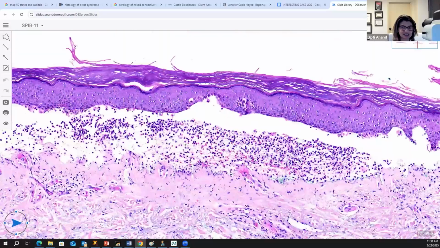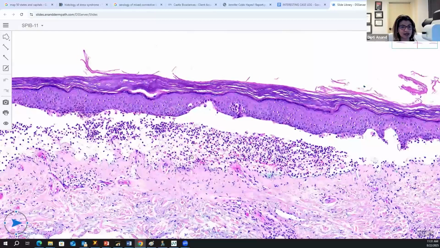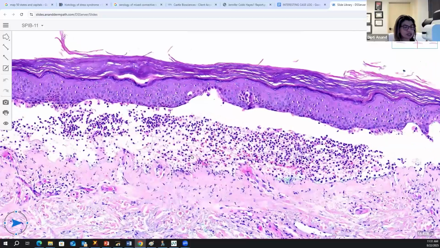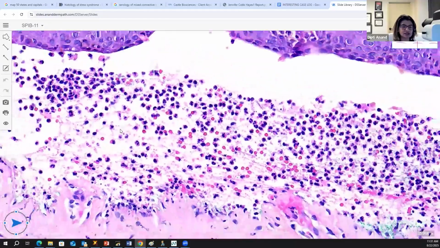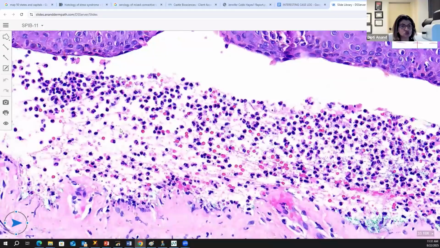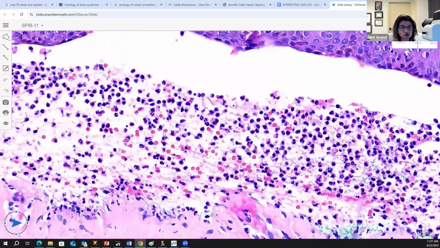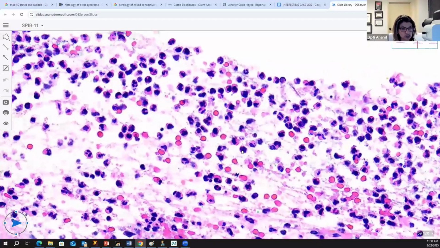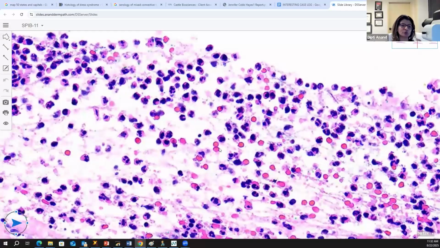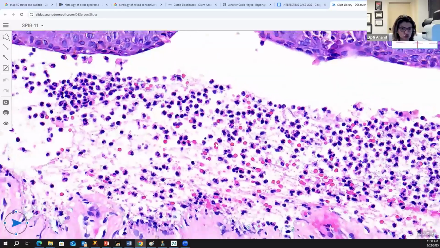Because if you just had this and I did not tell you anything else, I bet half of you would go in the BP direction. So be careful of the cells that you're looking at. It's not that linear IgA doesn't have eosinophils. It will have them, but the predominant cell type should be neutrophils. And don't mistake red blood cells for eosinophils. That would be the time when you want to pay a little attention and be sure.